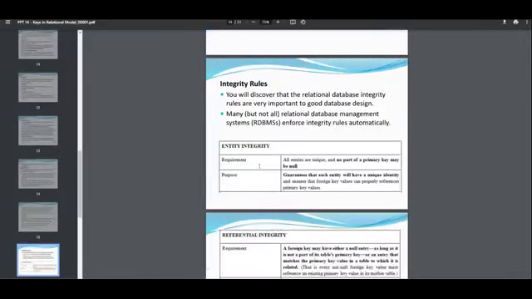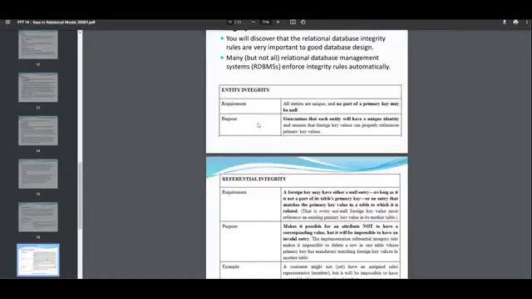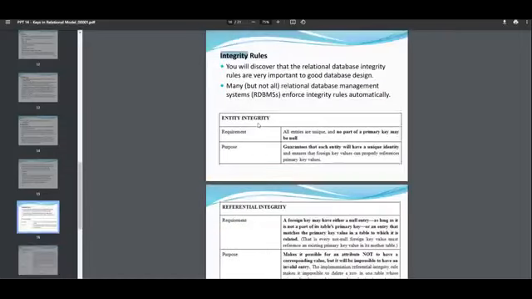So then integrity rules, and the importance of data integrity, very important. We already mentioned that. And here there are different integrity types.